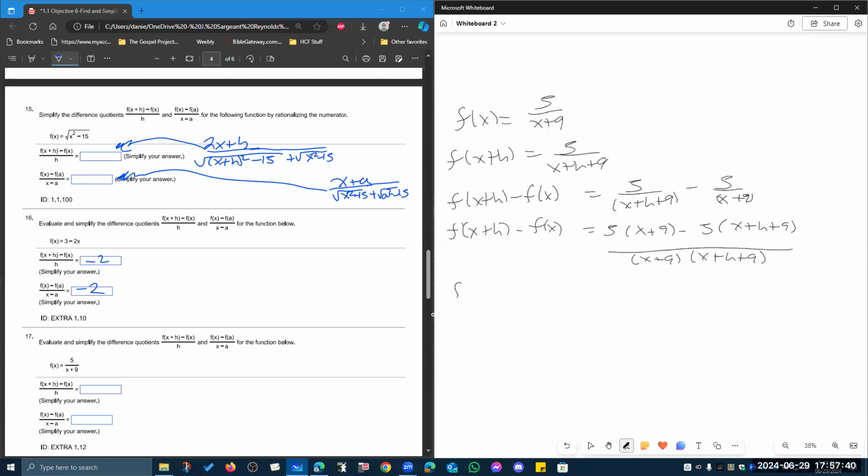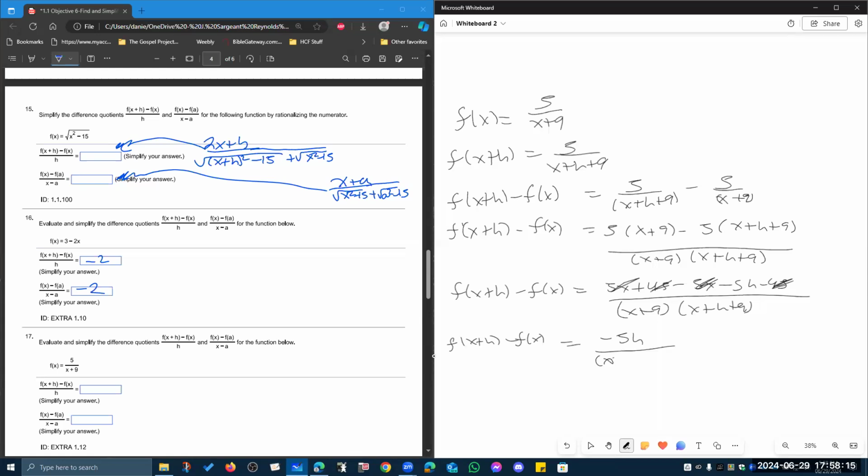Give me f of x plus h minus f of x is 5x plus 45 minus 5x minus 5h minus 45 over x plus 9 times x plus h plus 9. 5x minus 5x is 0. 45 minus 45 is 0. F of x plus h minus f of x is negative 5h over x plus 9 times x plus h plus 9.